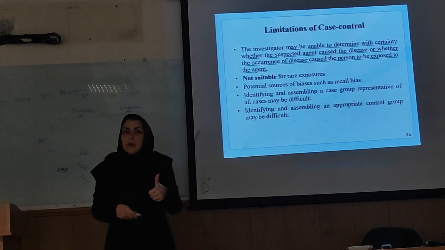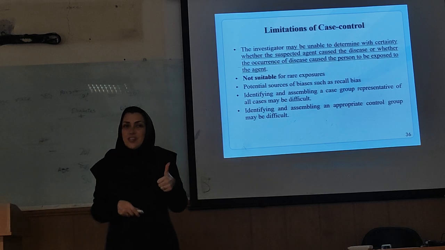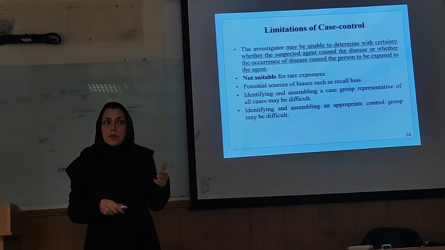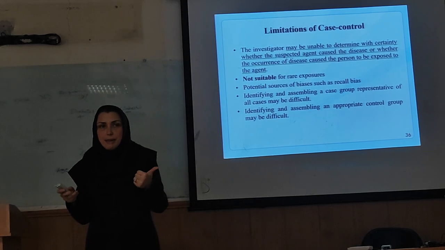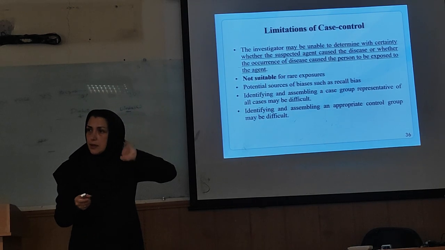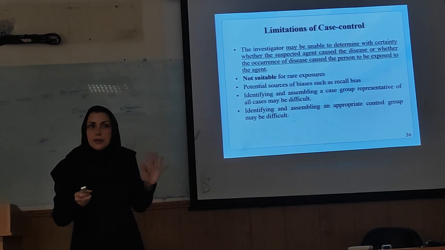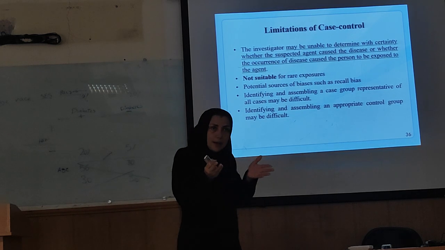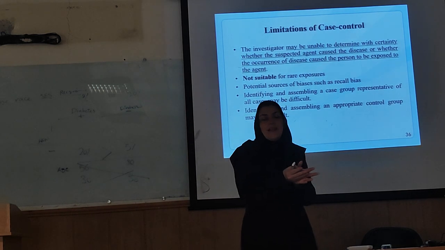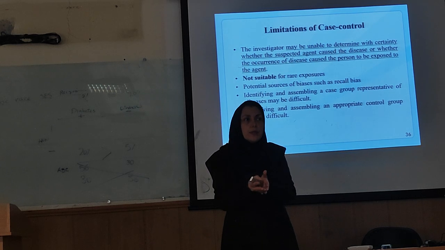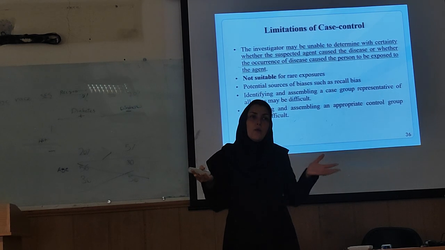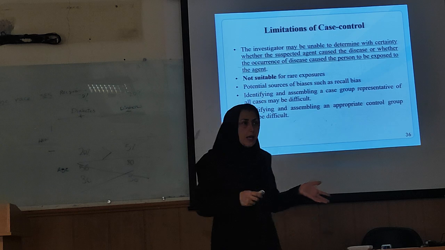Difficult selection of controls. It is a limitation of case control study. I showed you an example in Johns Hopkins Hospital, tuberculosis, using a bad and unsuitable control group. The results were wrong.